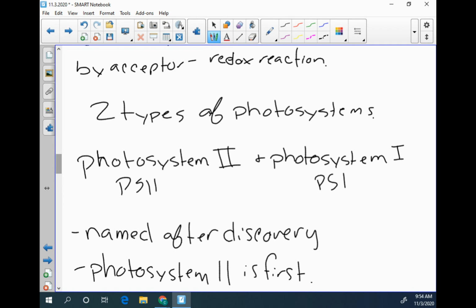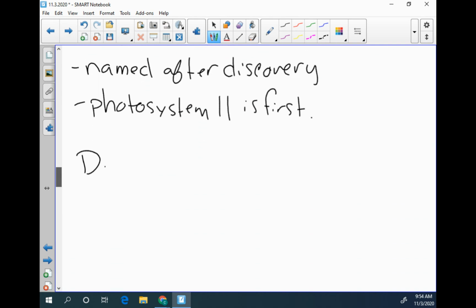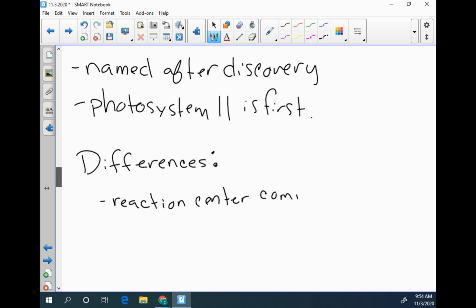So, the difference between the two, there's three differences between the two. They have characteristic reaction center complexes. Reaction center complexes are slightly different.